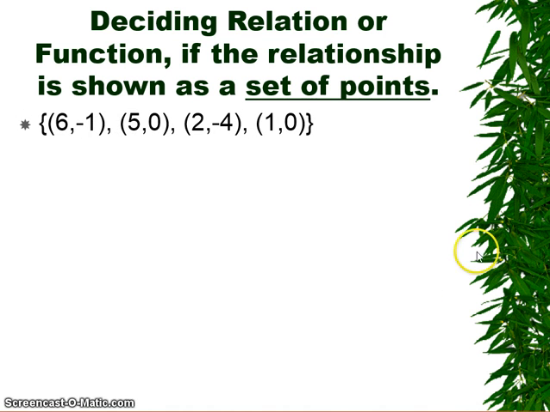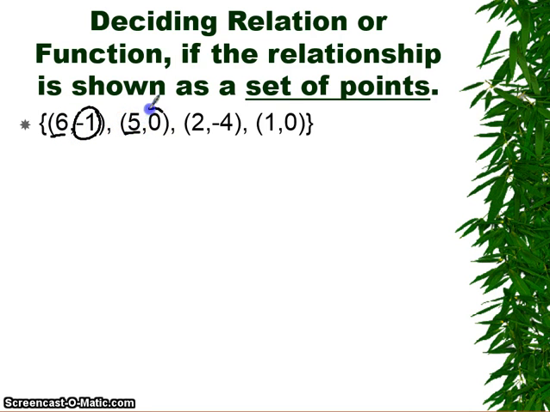Let's look at some more examples. Here we have another set of ordered pairs, and remember the question we're going to ask ourselves is, does every input have one and only one output? So let's start here. Does this input of 6 always output -1? Do we see any other inputs of 6? No. So 6 must always output -1.